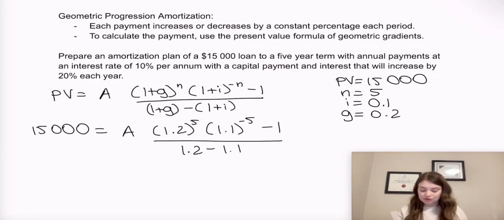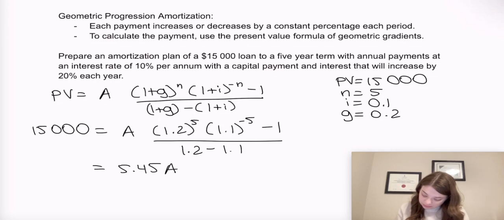I start with 1.1 to the power of negative 5, hit equals, then times 1.2 to the power of 5, hit equals again, and then minus 1, hit equals. Then we divide by 0.1, since for the bottom here 1.2 minus 1.1 is 0.1, hit equals again, and I get approximately 5.45.